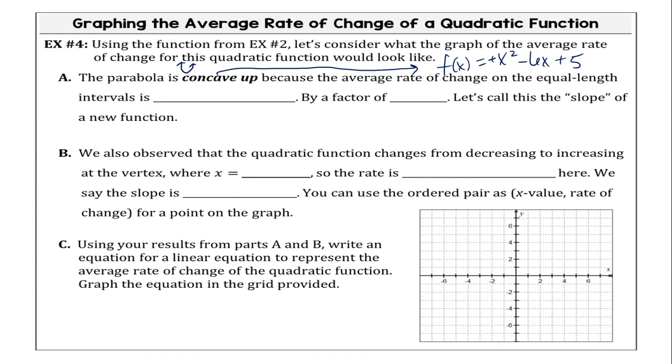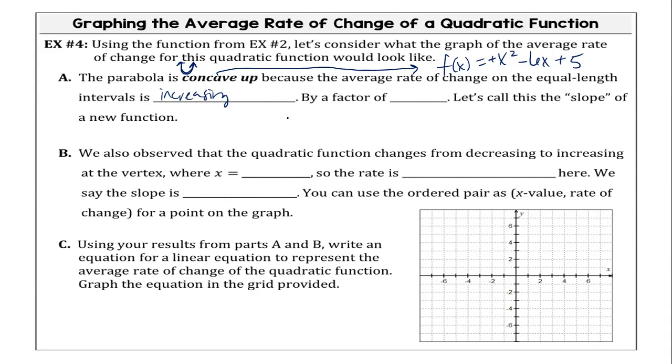All right, so the average rate of change on the equal length interval is going to be increasing. The interval is increasing by a factor of, and that's what we're going to talk about.